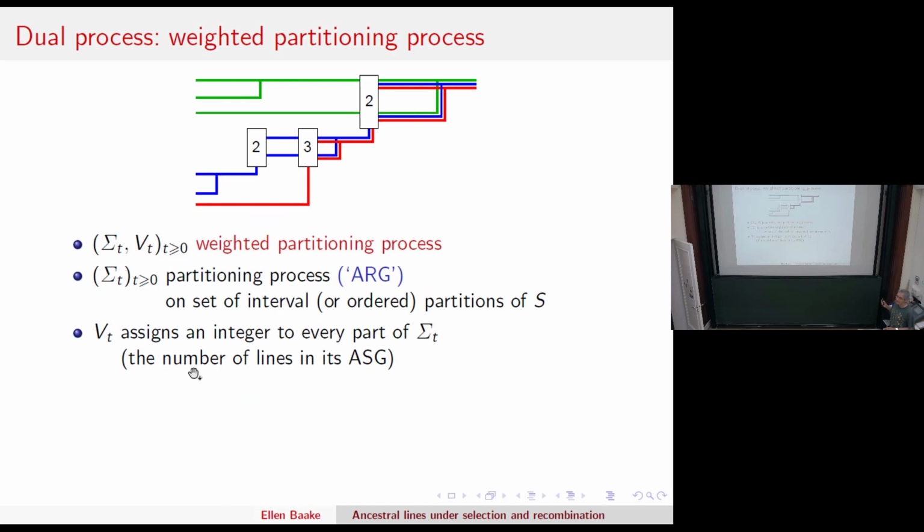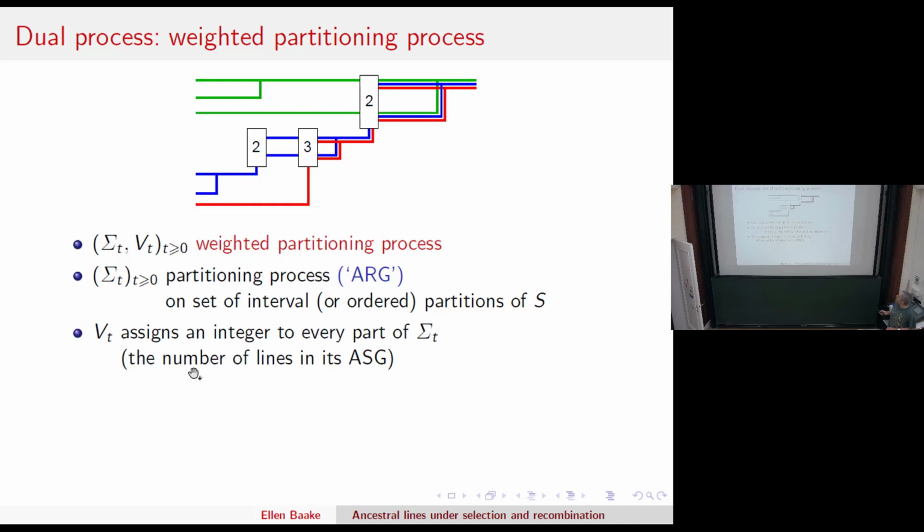Okay, and this leads us to the Yule process. So the Yule process is a weighted partitioning process, (σ_t, v_t). And σ_t is the pure partitioning process, so that is the simple splitting of lines. Well, just imagine there being no branching. Then you just see the splitting, and that is the σ_t.